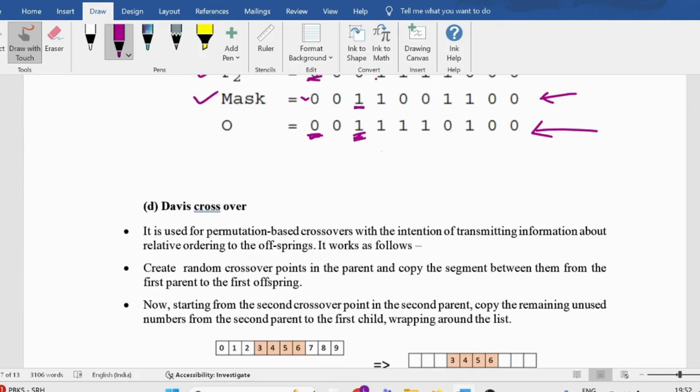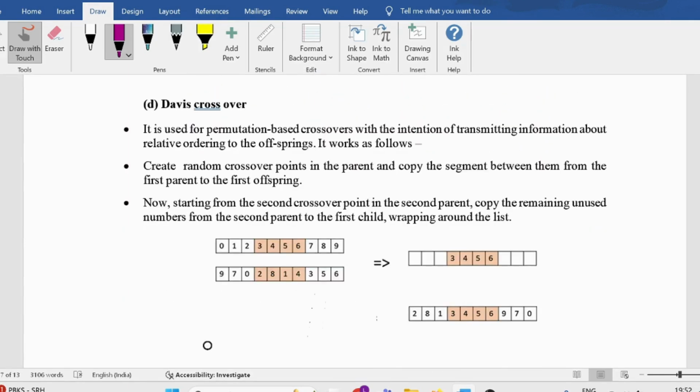Then the next method is called Davis crossover. In Davis crossover, we choose a set of points from the first parent, and we just copy that into the offspring. And then whatever is leftover, these are the leftover sites in the offspring, that is copied from the second parent. This is the first parent and this is the second parent and this is the offspring.